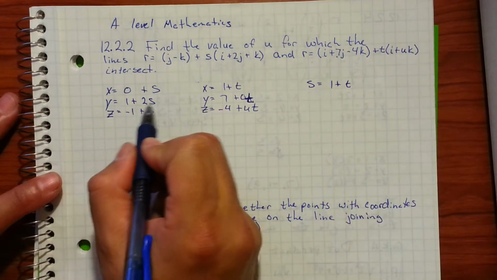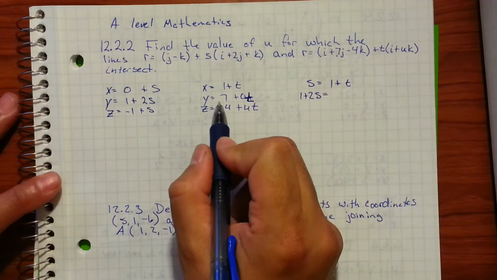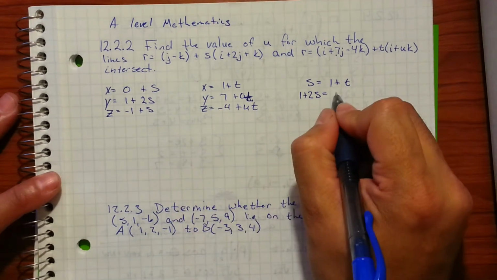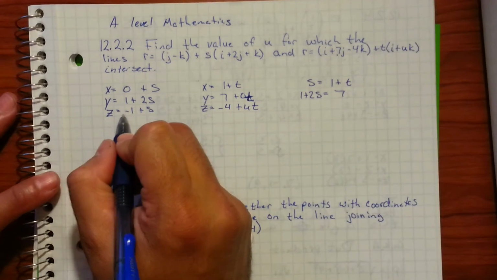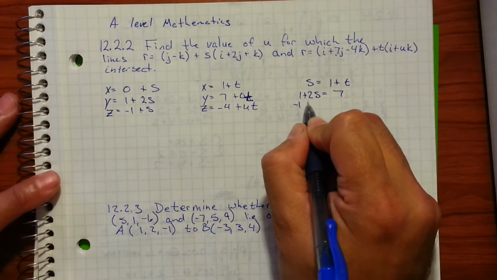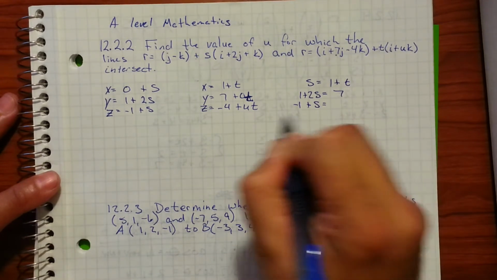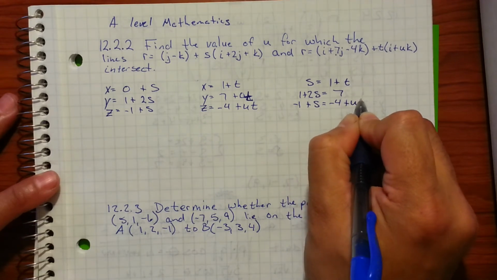This right here is going to be 1 plus 2s equal to 7, because that's 0t, that's actually going away there. And right here for z, it's going to be -1 plus s equals -4 plus ut.